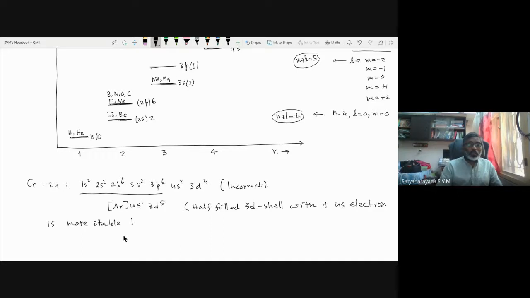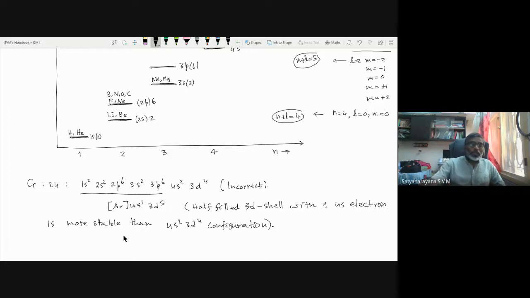More stable than the 4s2 3d4 configuration. Okay, but then you have to ask a question: what is it that actually reduces the energy? More stable means what? This 4s1 3d5 is having a lower energy than 4s2 3d4. That is why it will settle to this configuration, right? So how is the energy getting reduced? All these rules that I have talked about are not going to help us in answering this question.